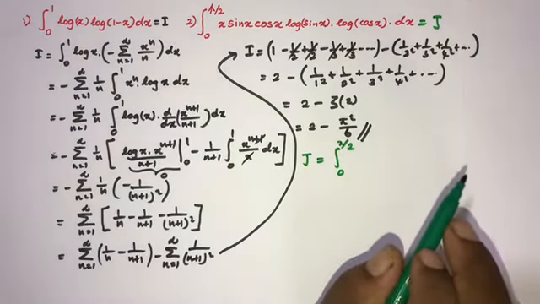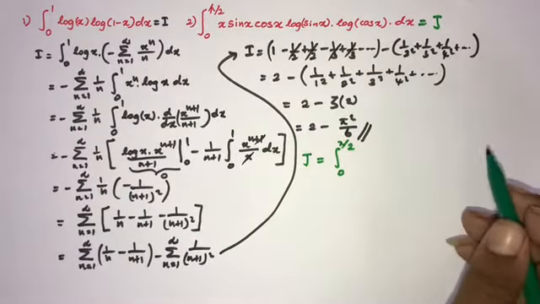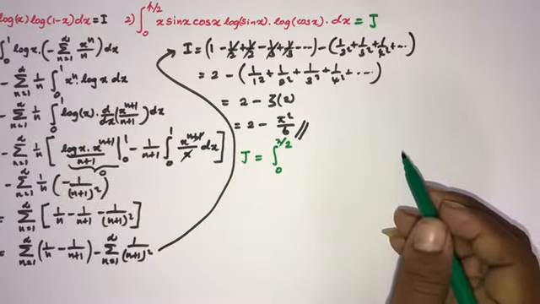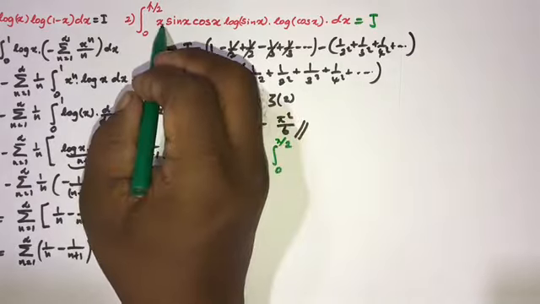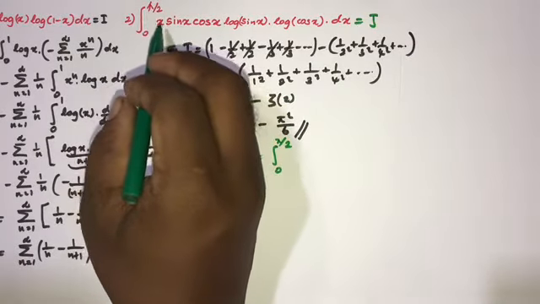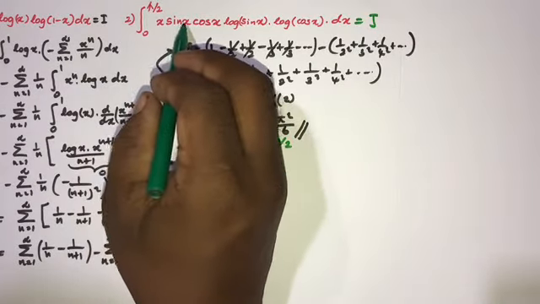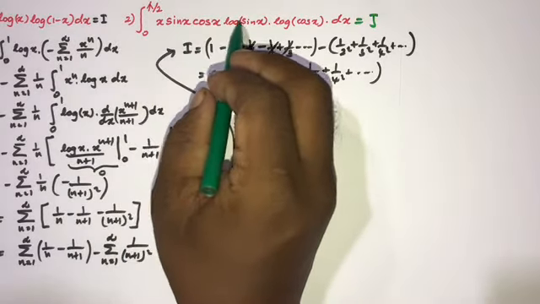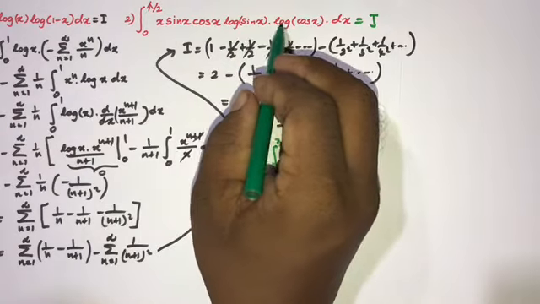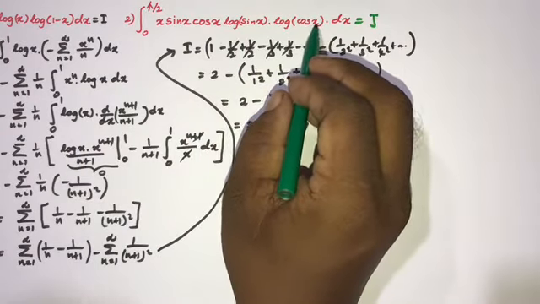Now I'm going to apply King's property. So according to King's property, this x should be π over 2 minus x, here sine of π over 2 minus x, here cosine of π over 2 minus x, here natural log of sine of π over 2 minus x, natural log of cosine of π over 2 minus x.